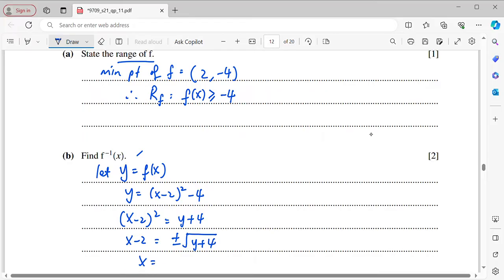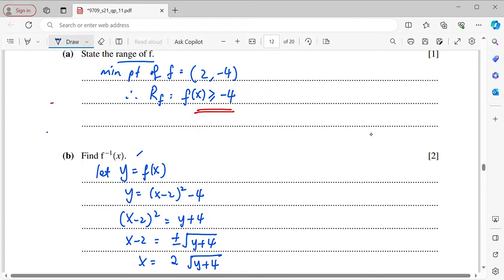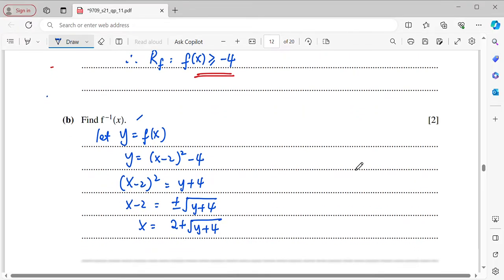Then your x is, move the minus 2 to the right side, 2. Then instead of plus minus, just leave it first. We need to choose one of them. But then how to choose? It depends on your range. So your range is greater or equal to minus 4. Therefore, we choose plus. Otherwise you will get a negative value for your y values.